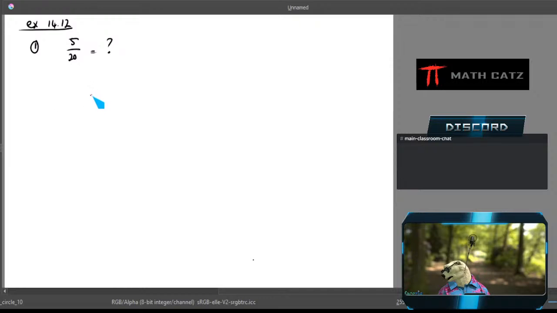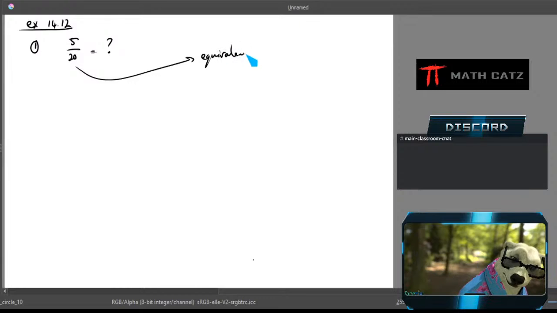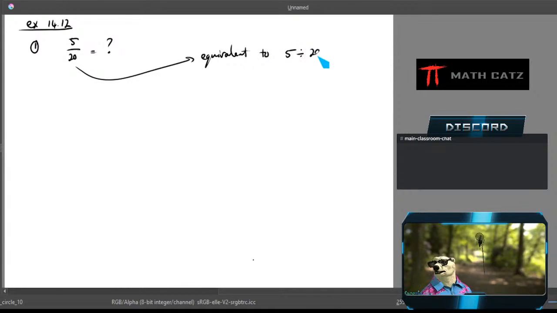This we saw with our division last time: this is really equivalent to 5 divided by 20.